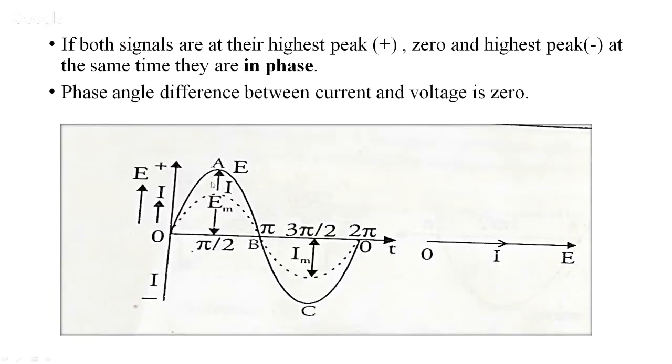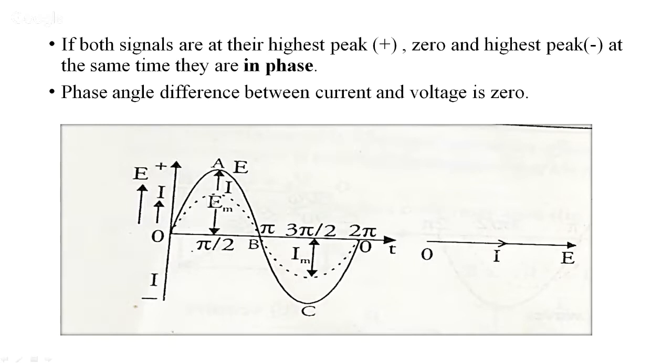So here you can observe, the thick line is the voltage wave and the dotted one is the current wave. Both the signals are starting here, that is the zero value. At the same time, they are reaching the maximum value, represented by point A here. So they are reaching the maximum value simultaneously, at the same instant of time.